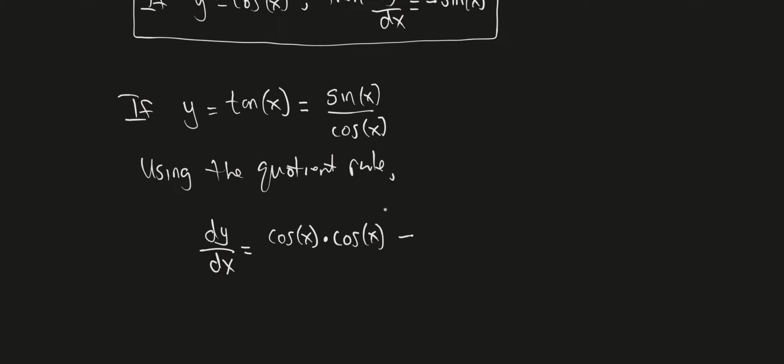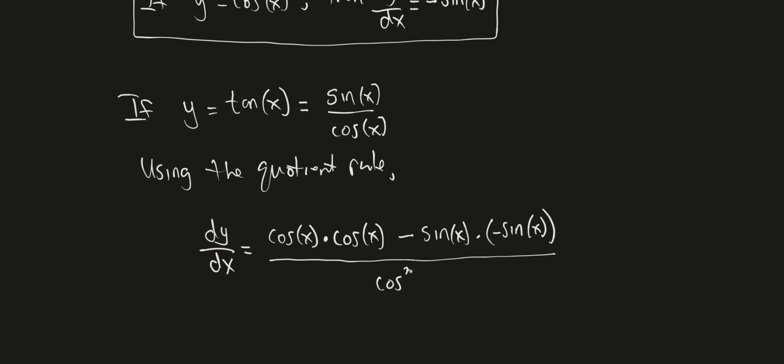And then it's minus the top, which is sine of x, times the derivative of the bottom, and the derivative of cosine is negative sine. And then that's all over the bottom squared, so cosine squared of x.